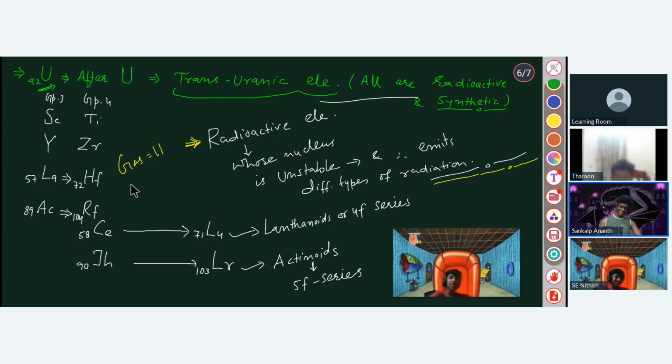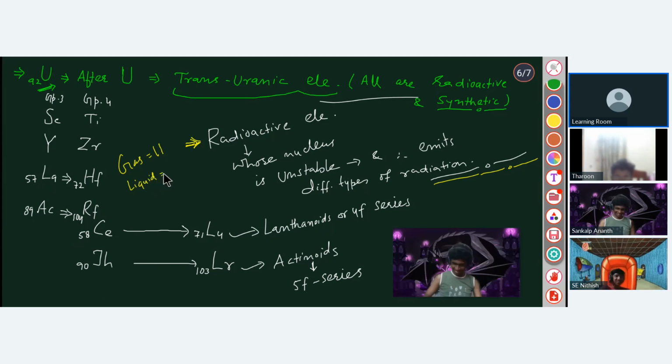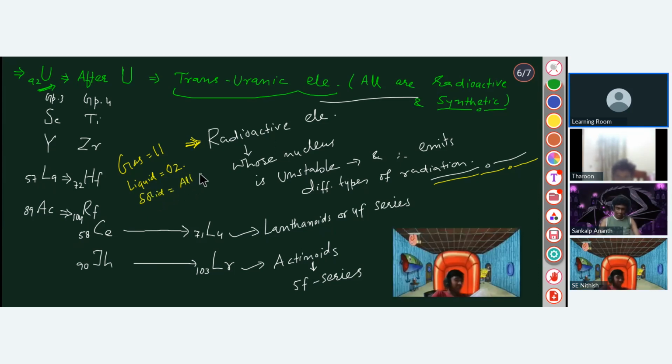I learned it in the previous chapter. Sir, you told it in the previous chapter, right? Exactly. And how many are liquid? All others are solids. Yeah, exactly, all others will be solids, right?